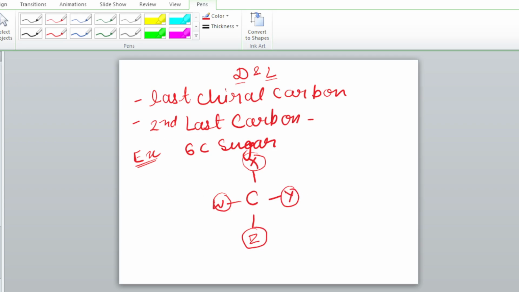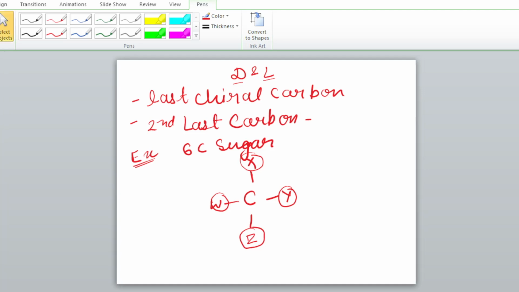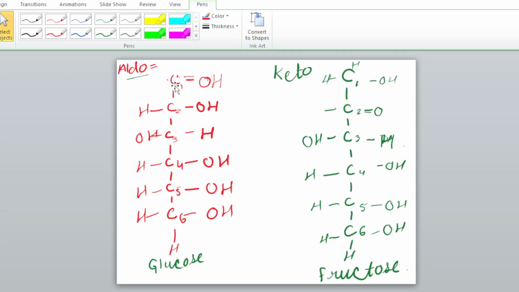If we talk about which are the chiral carbons, each carbon with an OH group has 4 valencies. 1, 2, 3 and 4.